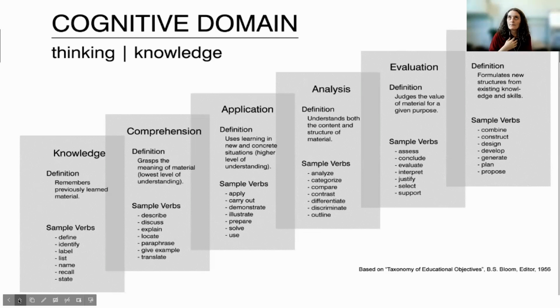There's some classes where it might be a first year class and we stay down in the knowledge and comprehension, and then moving up into second and third and fourth year, there might be classes where we do get all the way up to analysis and evaluation. This is where you think about students from the program level and then going down into what do I actually want them to do today.